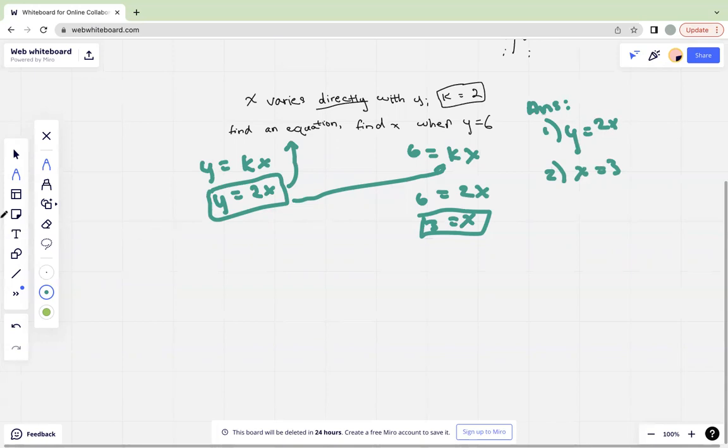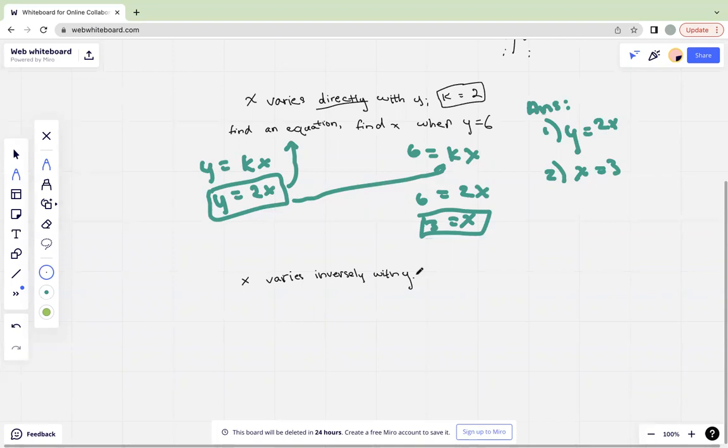So now let's look at another problem, right? Say we have x varies inversely with y.